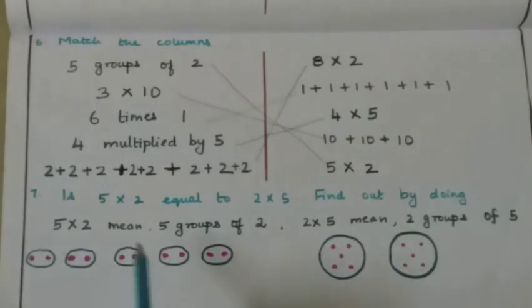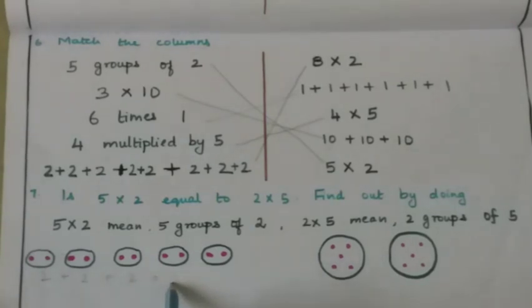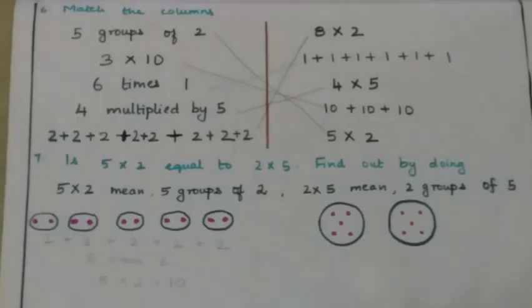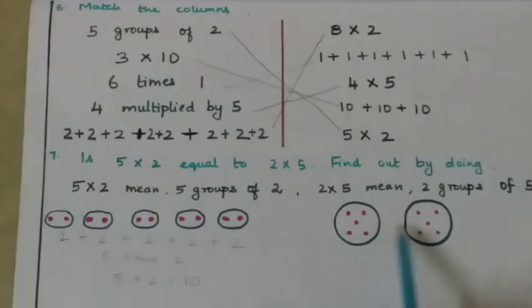So your child needs to write 2 plus 2 plus 2 plus 2 plus 2, which is nothing but 5 times 2, which is nothing but 5 into 2, and the result is 10. Here there are 2 groups with 5 in each.